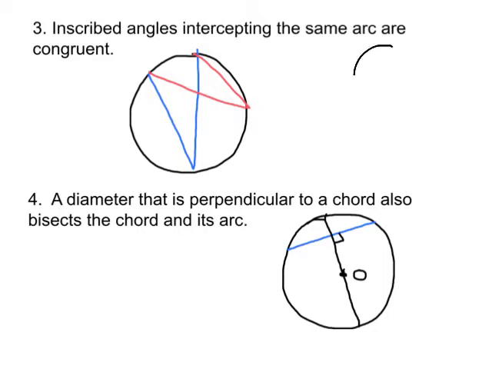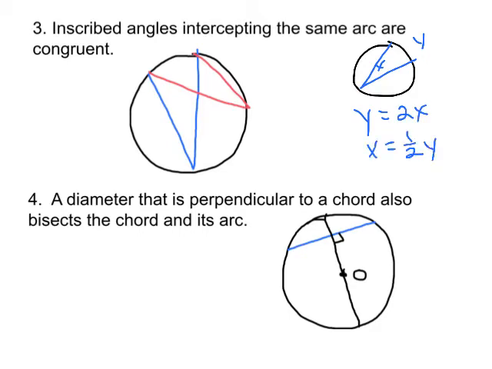If I have a single inscribed angle, and let's say this is X, and this is, I don't know, Y, then we know that Y is going to be twice X, or X is going to be 1/2 the value of that Y. So if they both intersect the same arc, they both have that same half value. If this is Y, then this has to be 1/2 X, and this has to be 1/2 X because they are intercepting the same arc.